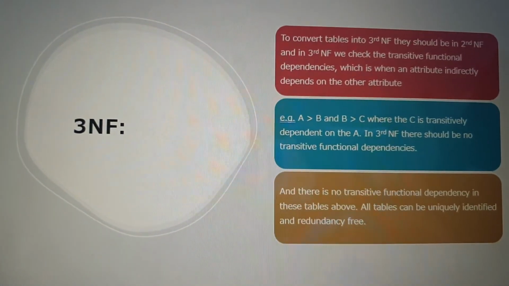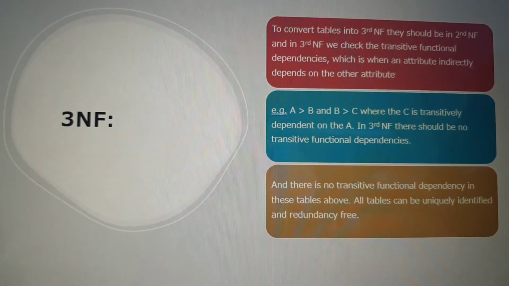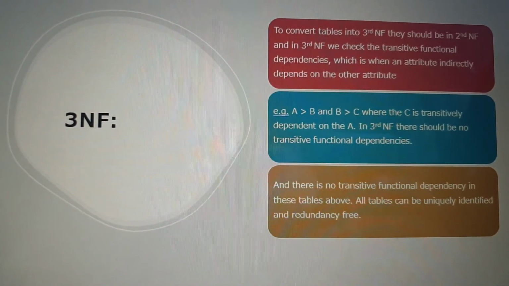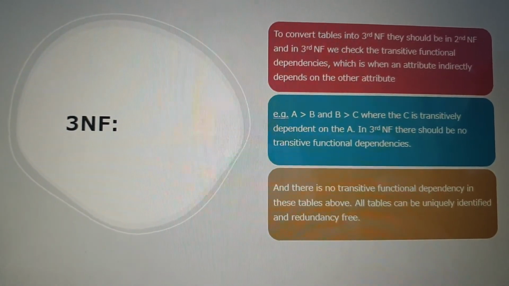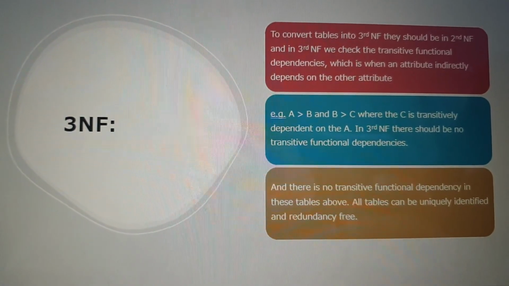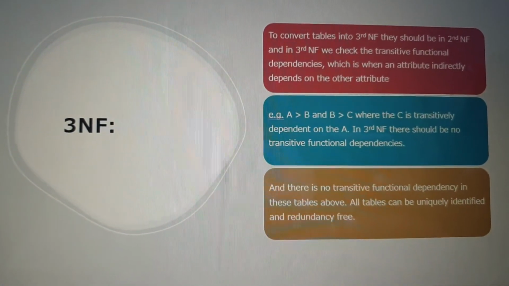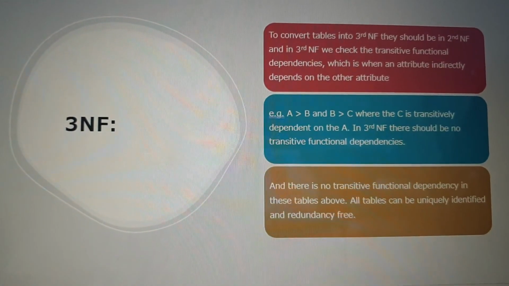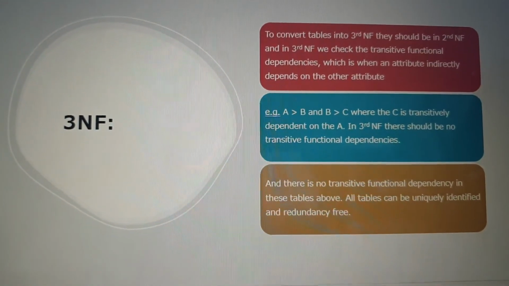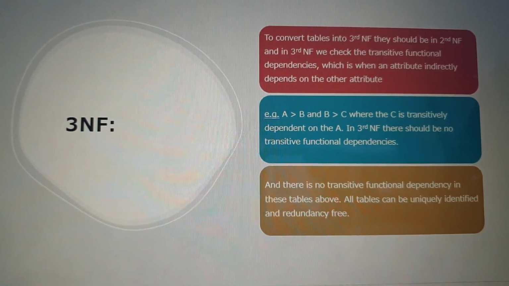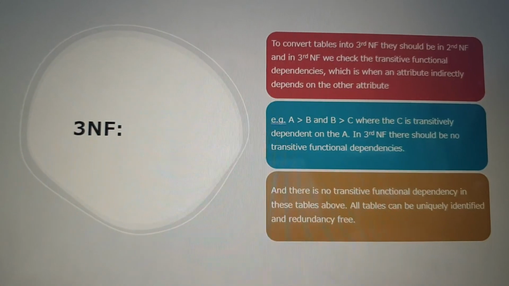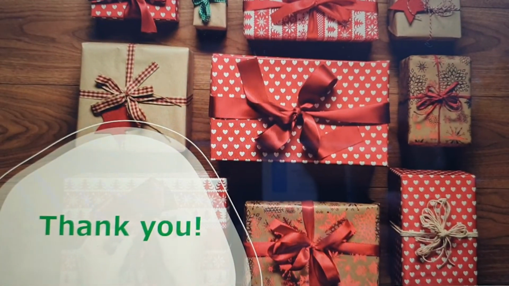As an example I have given here, A determines B and B determines C, where C is transitively dependent on A. In third normal form there should be no transitive functional dependencies, which we have done here, and there is no transitive dependency, so the table is uniquely identified and redundancy free. Thank you so much.